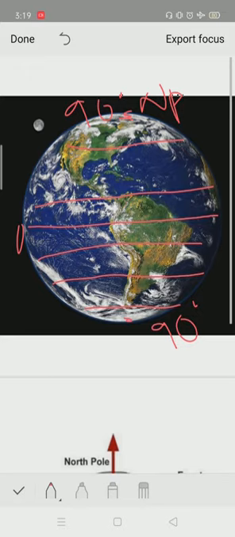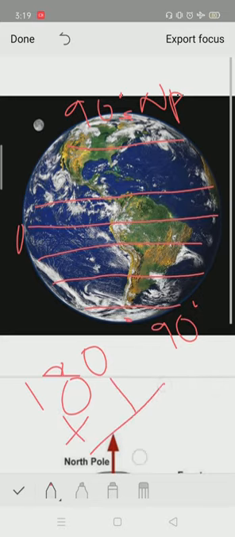If we move towards the south, again we will have 90 lines. So the sum turns out to be 180 latitudes. But we are forgetting that the equator is also a latitude. So we add the equator and the total number turns out to be 181. We have 181 latitudes.